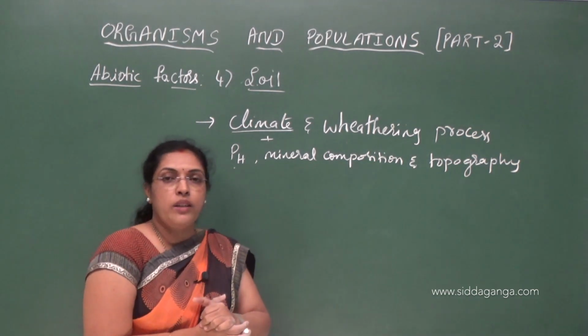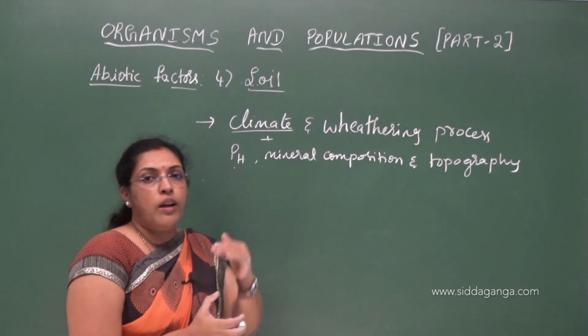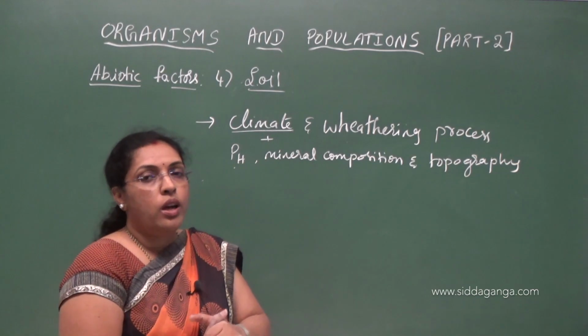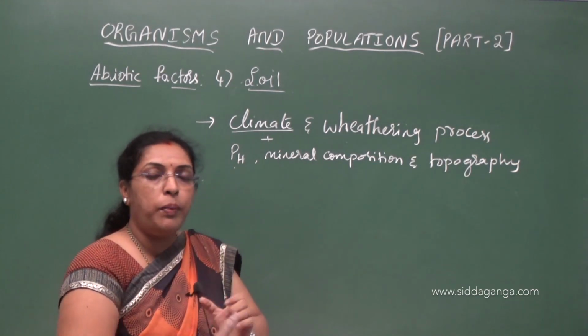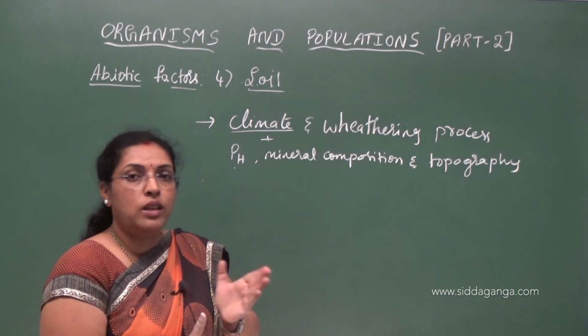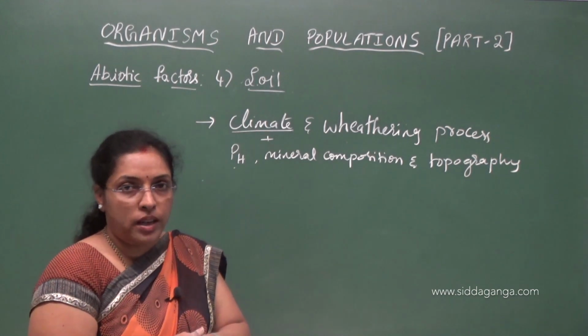And if the vegetation productivity of the plants is good, because animals are dependent on plants, that vegetation defines the type of animals which survive in that habitat.